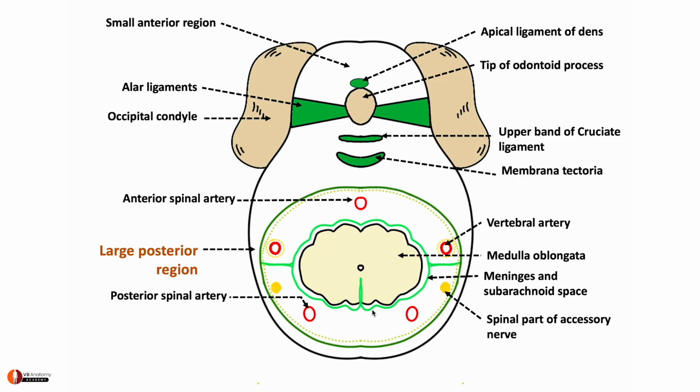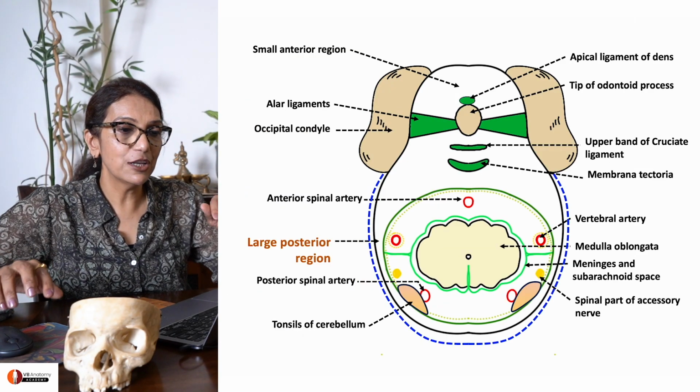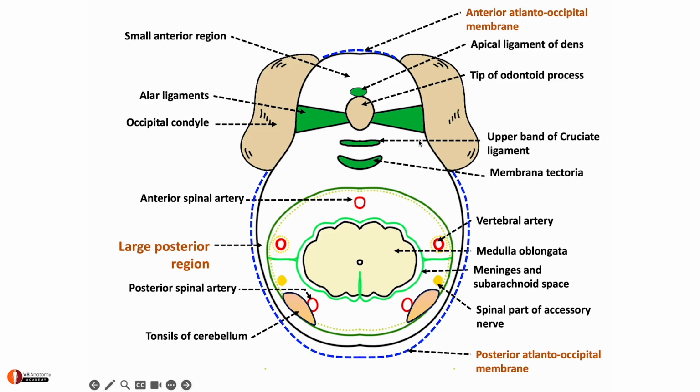See, one here and the other one is here. Sometimes you also find the two tonsils of cerebellum encroaching onto the space from the side. The posterior edge of foramen magnum gives attachment to the posterior atlanto-occipital membrane. The anterior edge gives attachment to the anterior atlanto-occipital membrane.